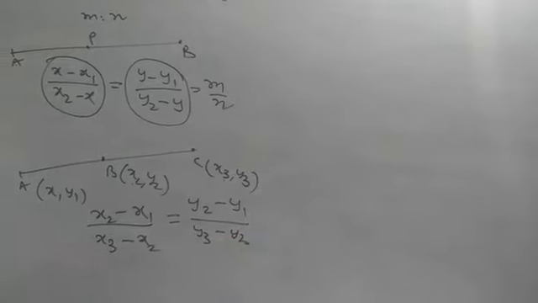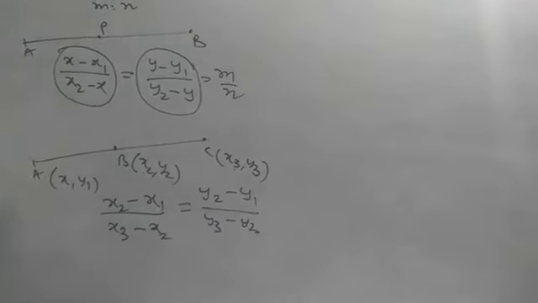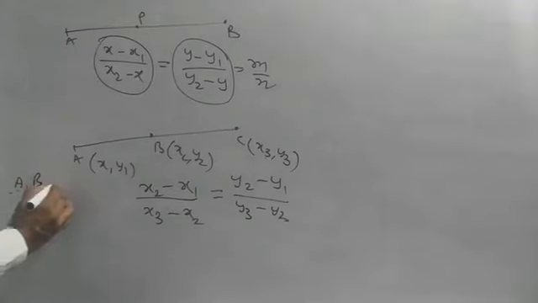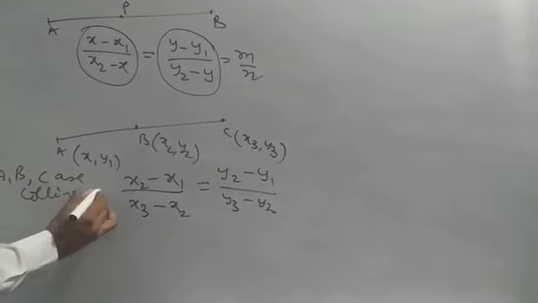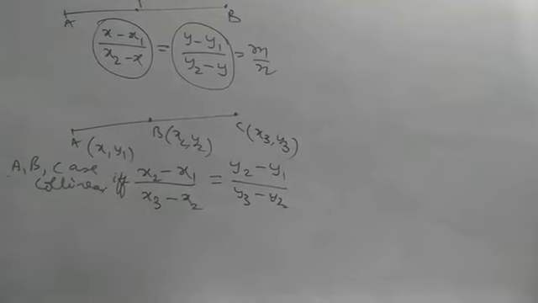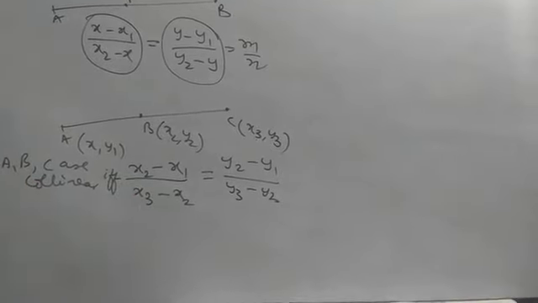So 3 points A, B, C are collinear if and only if this relation is satisfied.